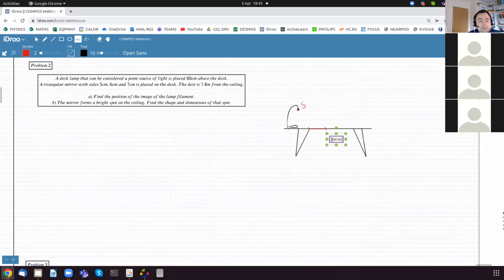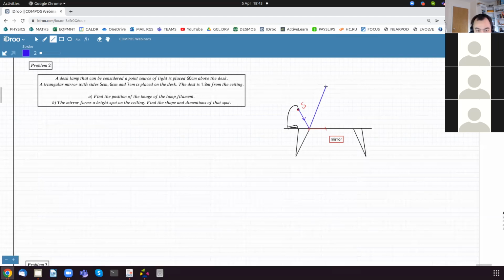First, we need to find the position of the image of the lamp, of the filament of the lamp. So how do we do that? Well, first of all, we draw two rays, just as in any diagram. One ray going like this, and it's being reflected.